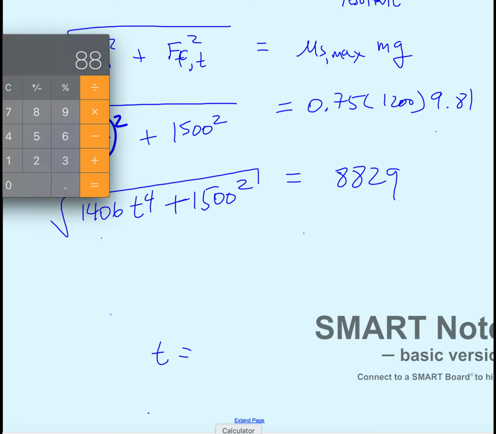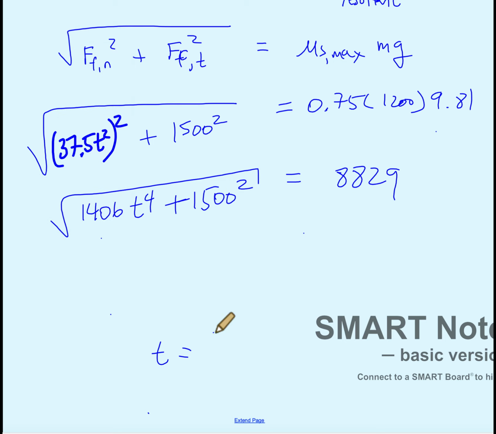So we'll take 88.29, square it, that gets rid of the root, subtract 1500 squared, divide by 1406, that's t to the fourth, that's t squared, and that's t, 15.2 seconds. So it's at 15.2 seconds from the point of departure that this car will start to slip.